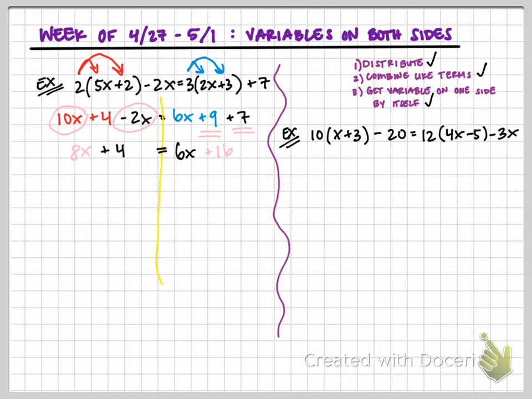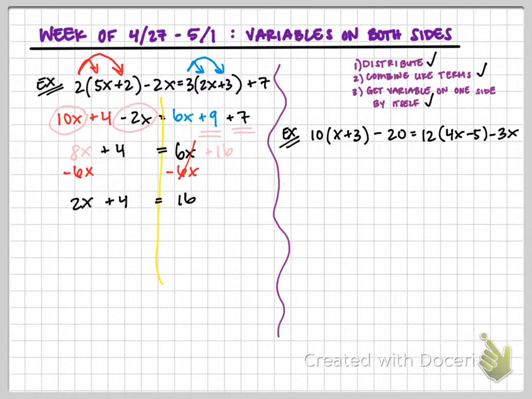The 8x is bigger than the 6x, so let me bring it over to the left side. All right, so I'm gonna use my inverse operations. Whatever I do to one side, do to the other. That cancels. I am left with 8x minus 6x, which is 2x. Bring down the 4, bring down the 16.